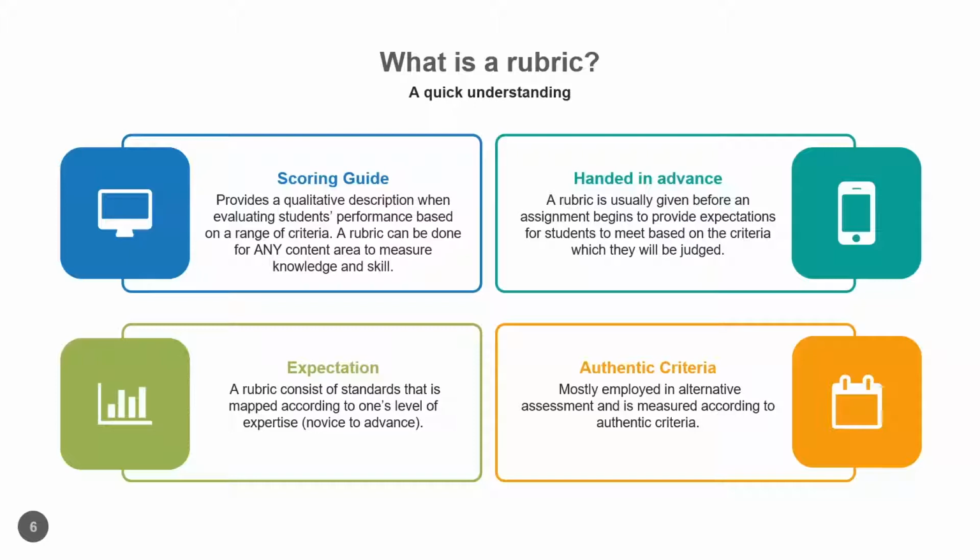Okay, the final thing is that rubric is actually very suitable for authentic assessment and alternative assessment.